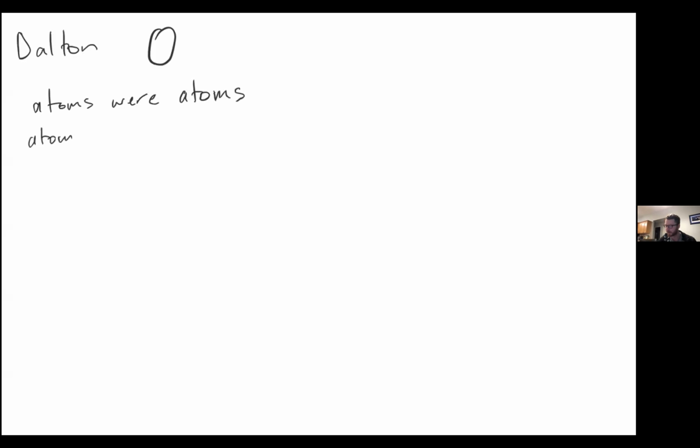Atoms of one element had different properties than another atom.